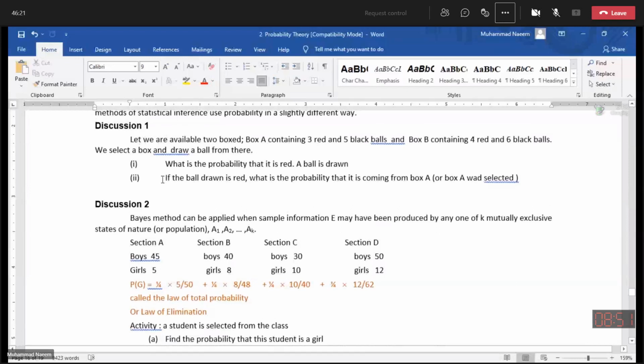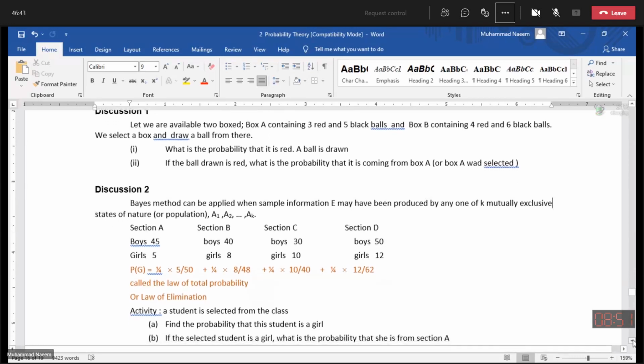Now read these two statements so that we could understand our required probability here in this case. In both the discussions, the requirement is given.